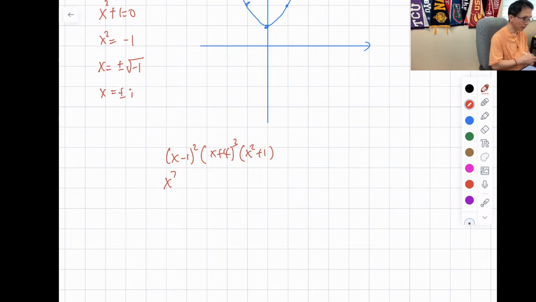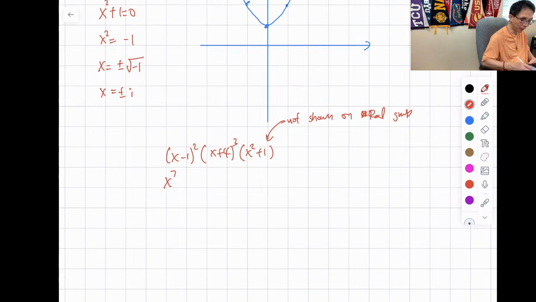But this last factor is not showing on the graph. It does not show on the real graph, because if I graph this, I'm not going to find any x-intercept from this particular part.